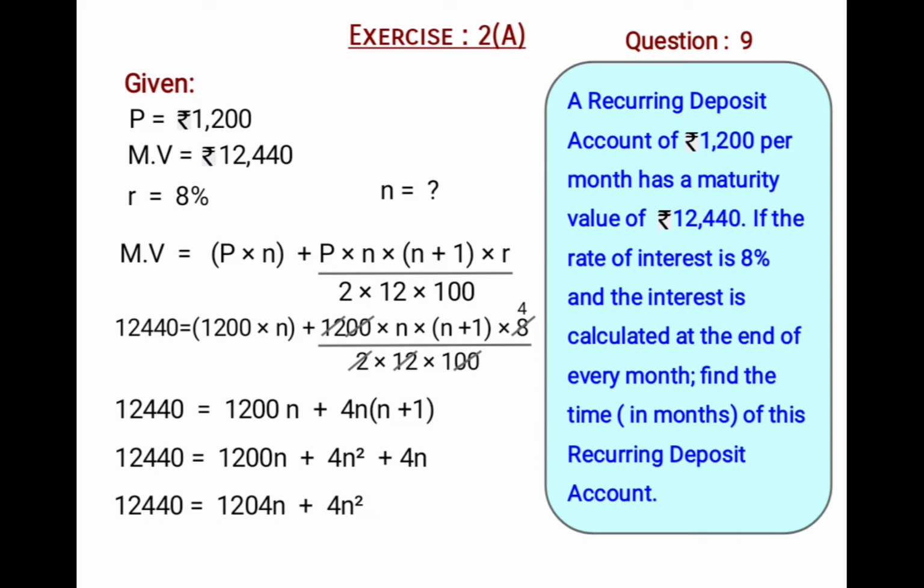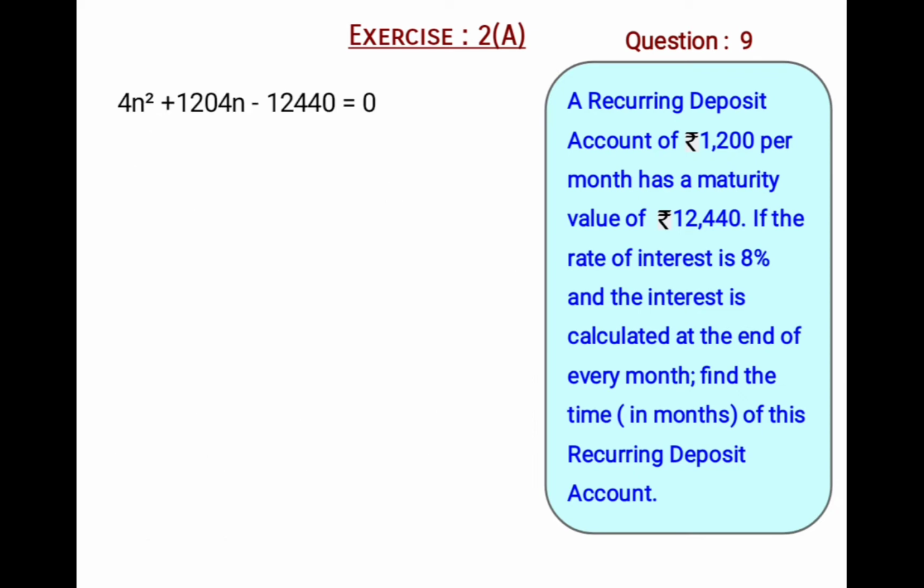Now I am going to bring all the terms to one side. 4N square plus 1204 N minus 12,440 is equal to 0. It is in the form of a quadratic equation. So we are going to solve the quadratic equation to find the value of n. Before solving, we are going to divide the equation by 4 because 4 is a common factor of the equation.